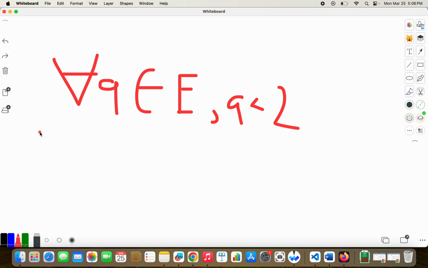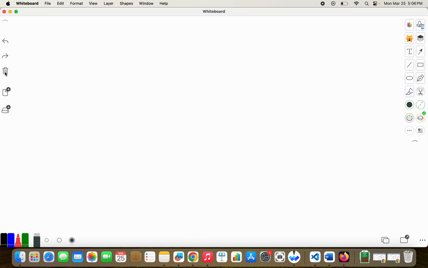Then 2 is an upper bound. We now show the supremum of E does not exist.